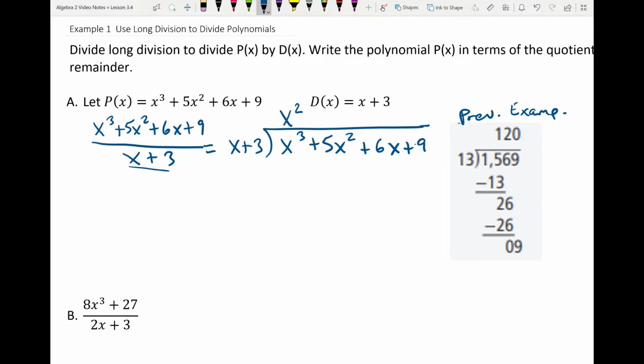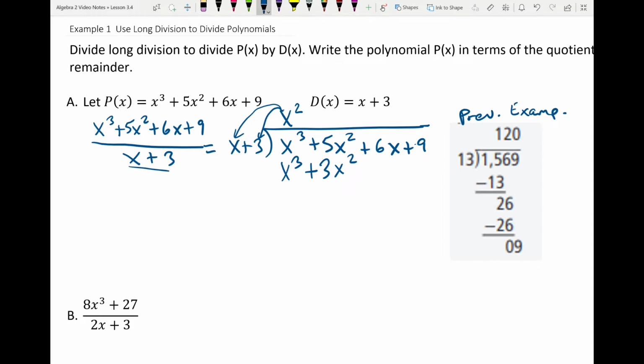Next, you would multiply the two things together. So what is x squared times x plus 3? Well, x squared times x is x cubed. x squared times 3 is 3x squared. It's positive. And then what do we do once we multiply? Well, we do what we did here, right? We subtract.